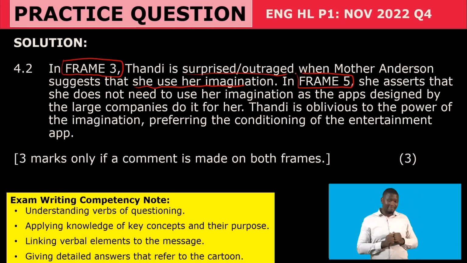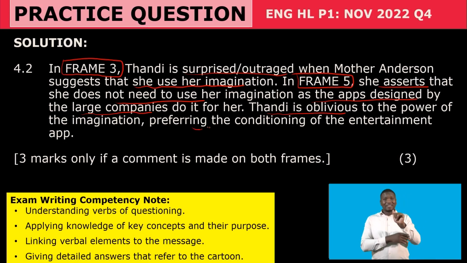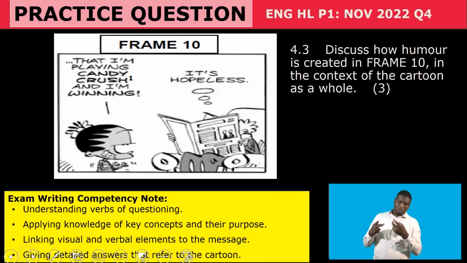Then in frame 5, she asserts that she does not need to use her imagination because she uses apps designed by large conglomerates or companies, and Thandi is oblivious to the power of the imagination, preferring the conditioning of the entertainment app. So 3 marks only if a comment is made. You can see there's a reference, and there is a comment.